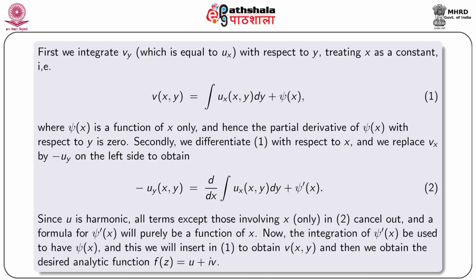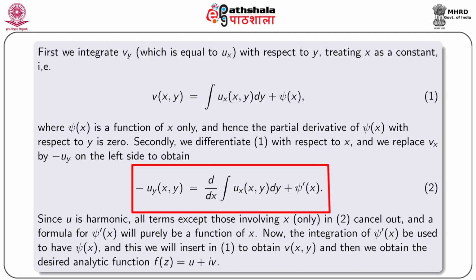Secondly, we differentiate the above equation with respect to x, and we replace v_x by −u_y on the left side to obtain −u_y(x,y) = d/dx ∫ u_x(x,y) dy + ψ′(x).